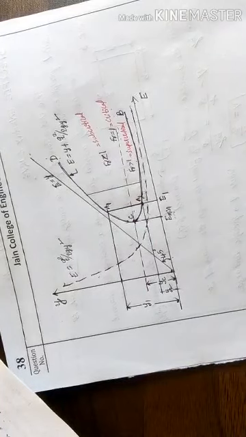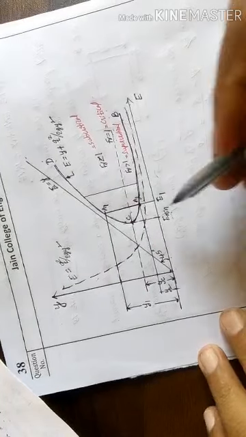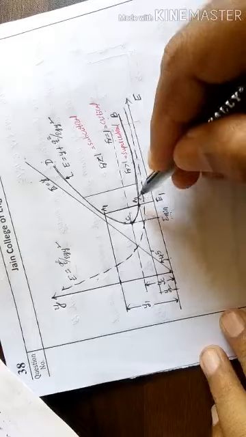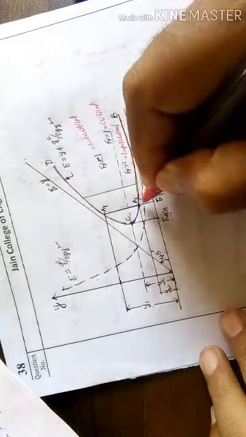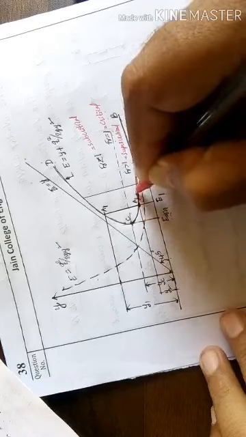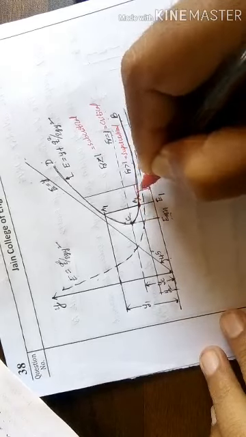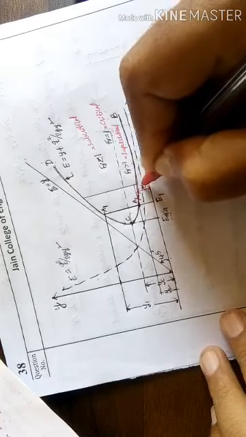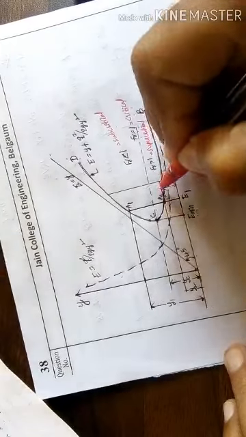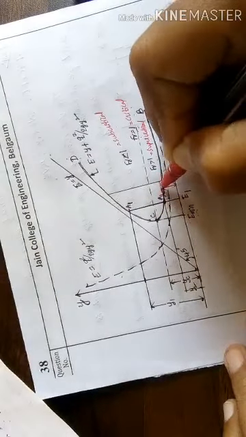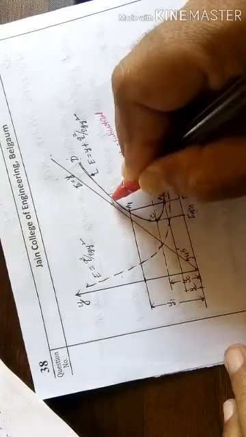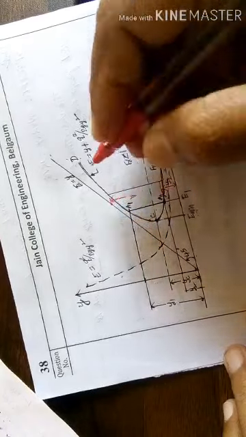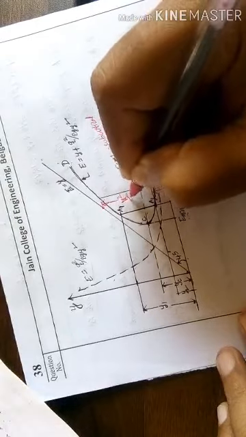One can write the energy here. How can the energy be written? From here to here it is y2, and then up to here it is the velocity head, v2 square by 2g.